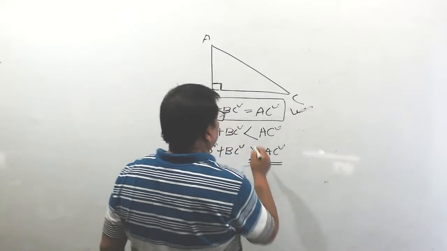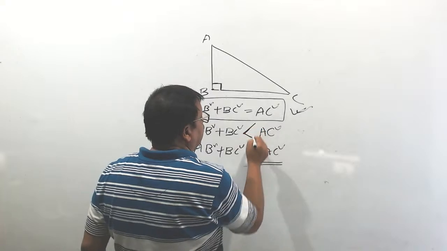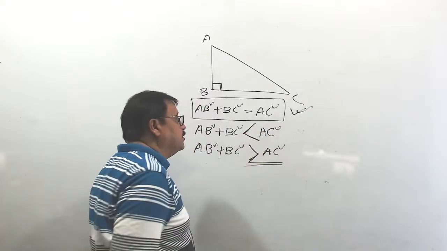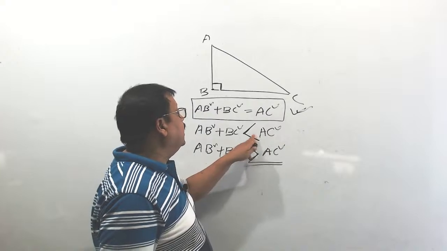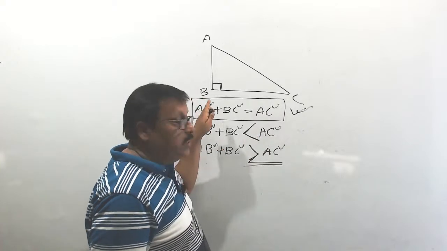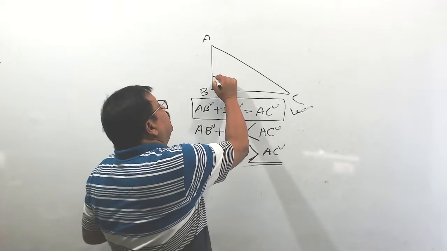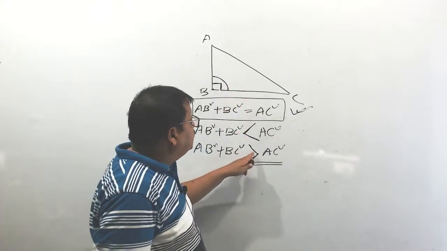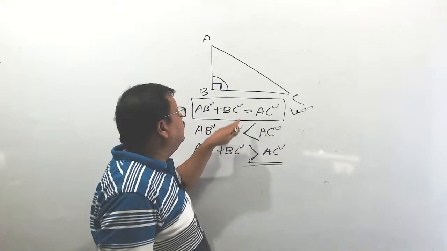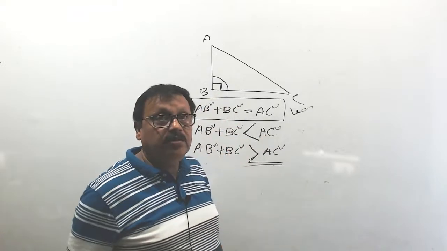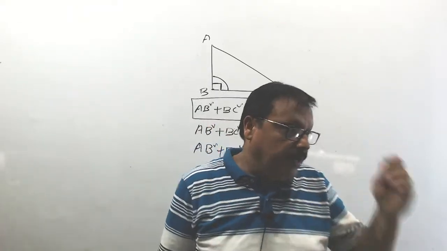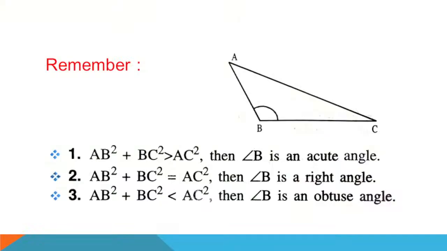This is Pythagoras. But you will remember these two inequality relations also. If AC square is greater than the sum of the squares of the other two sides, then it will be an obtuse angle. This angle will be more than 90. If it is lesser, then it will be an acute angle. Understood? Acute angle triangle. Remember, very important.